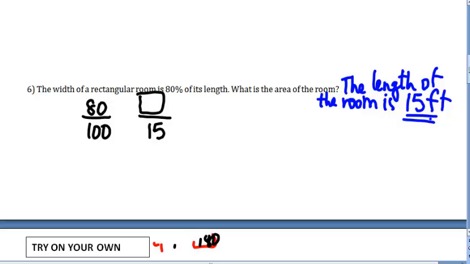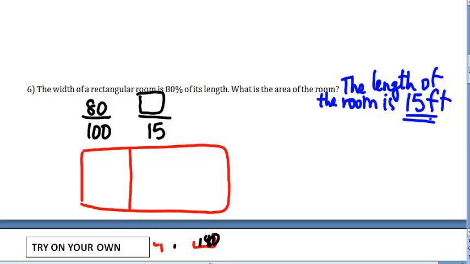I'm going to find it out of 1. So I'm going to make the table and do this. This is the part, this is the whole.